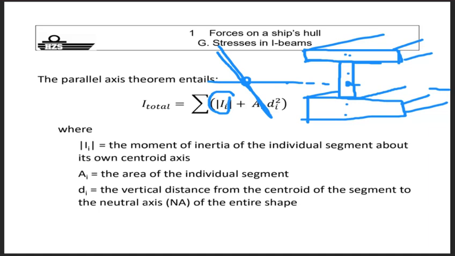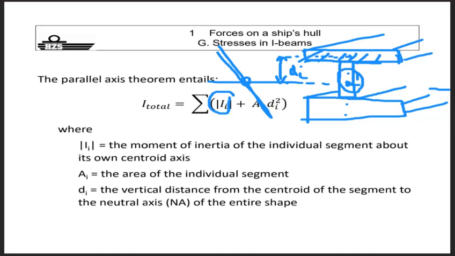What is that correction for each segment? It's the respective area multiplied by the distance towards the neutral axis. So here you see its individual neutral axis towards the integral neutral axis of the entire structure. That's the d_i. And that you need to do for each element. When it's perfectly symmetrical, of course, this correction factor will be equal to 0 as the distance is equal to 0.